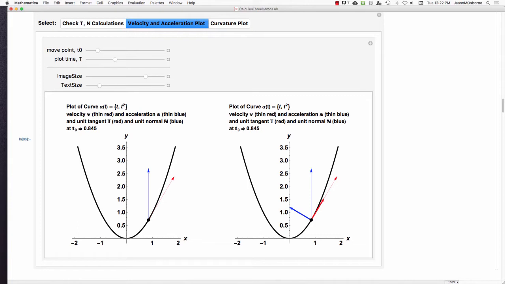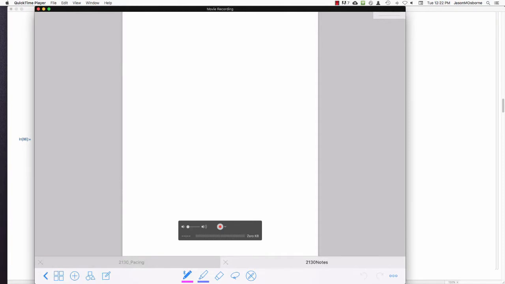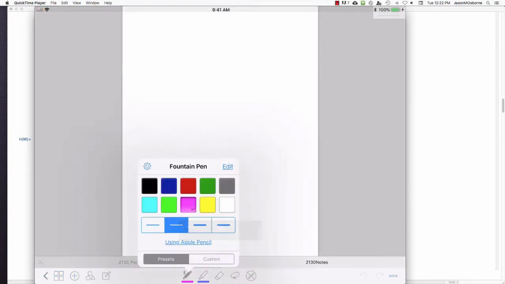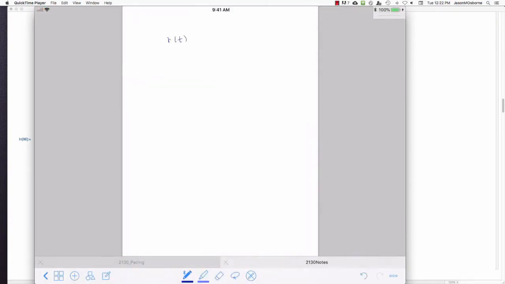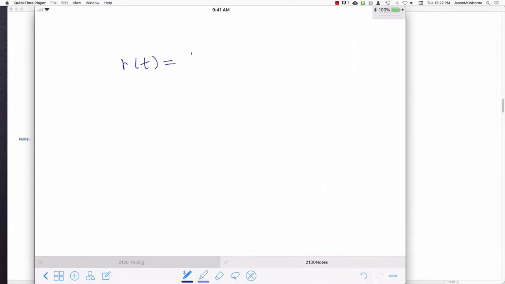Okay. So, if I go to add a page below, what we're seeing on this screen is a curve that was given, the curve t comma t squared, otherwise known as t i plus t squared j. Then when you take the derivative of the curve, that's what you get.